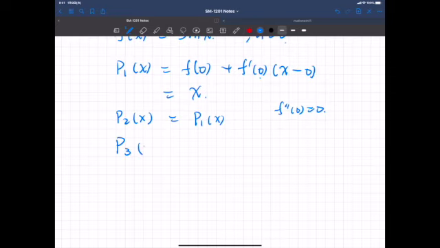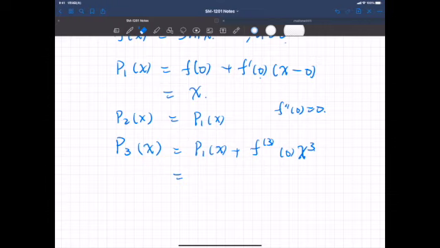And p3: we add to p1 the third derivative evaluated at 0, also divided by 3 factorial. So that is x minus 1 over 6 x cubed.